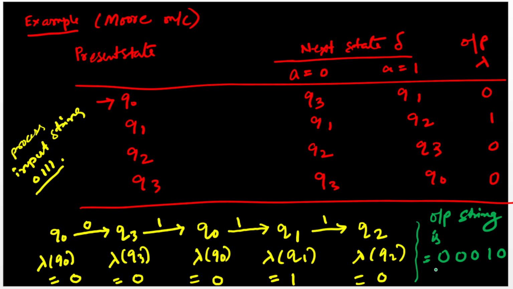For the input string lambda, a null string of length 0, the output is lambda of q naught, which is equal to 0. That we have considered as the first output.